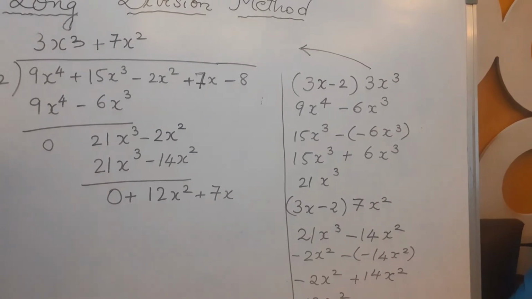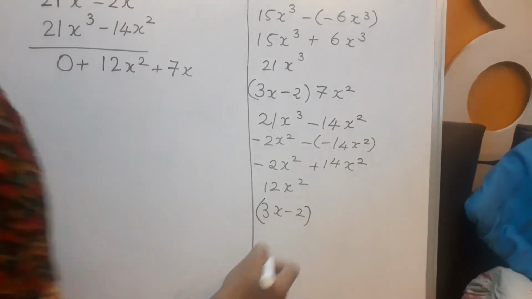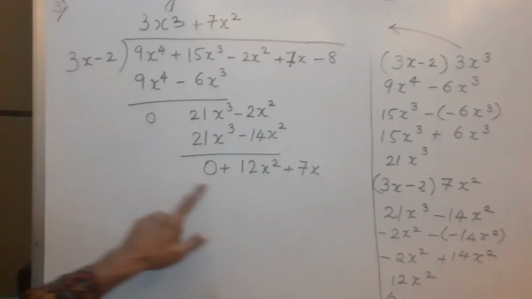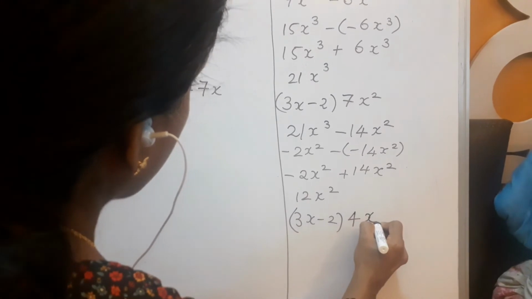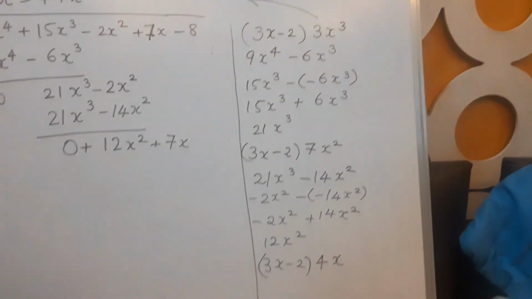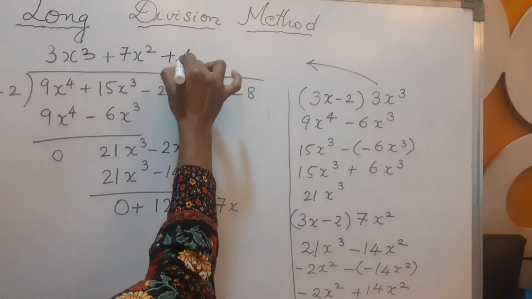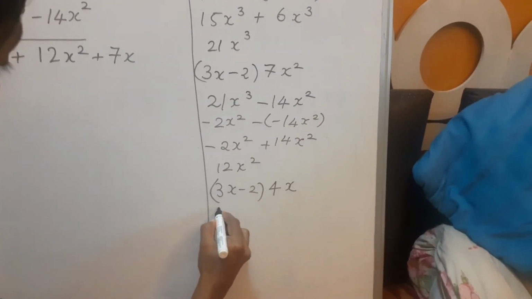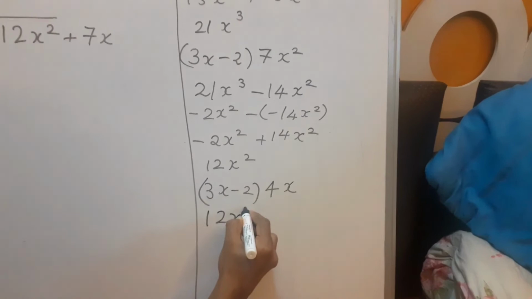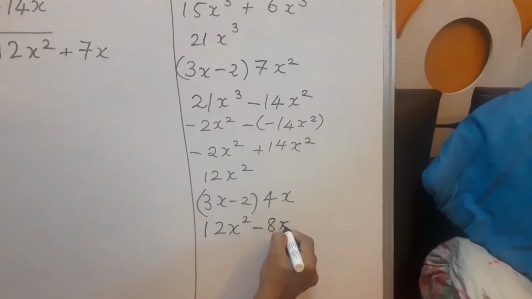Okay, again bring the divisor here. Now what multiplied by 3x will give you 12x square. Alright, so that will be 4x, correct? So now solve this, and this again has to be immediately written here. Alright, so 3x into 4x will give you 12x square minus 2 into 4x will give you minus 8x.